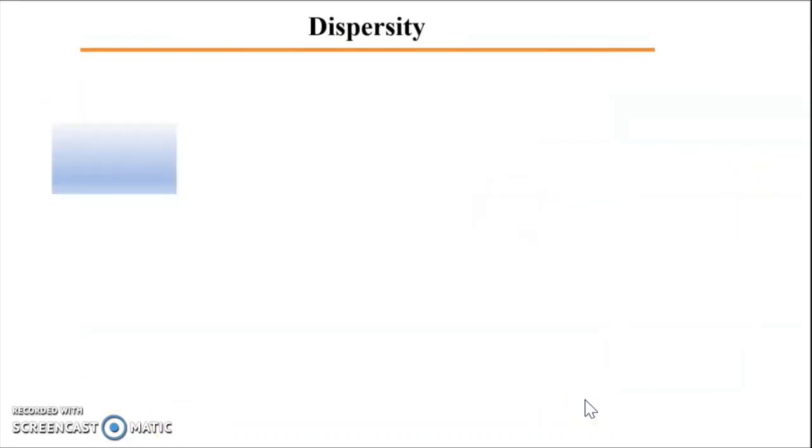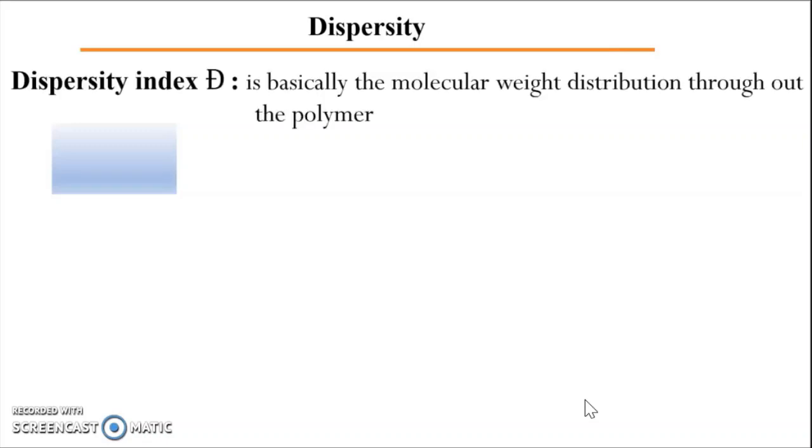In addition to average molecular weights, to characterize a polymer sample, as we have a variety of chains, we should determine the dispersity of this sample. So here I will define the dispersity index, which is a parameter that measures the distribution of molecular mass in a given polymer sample.